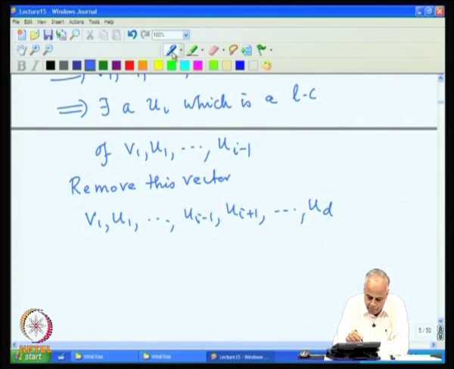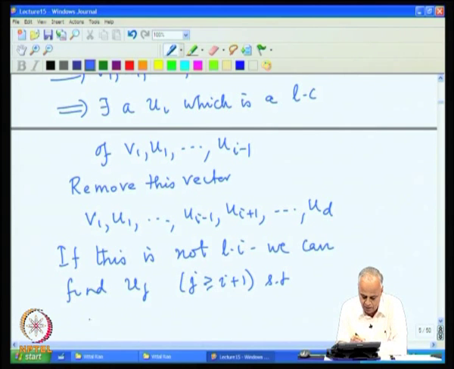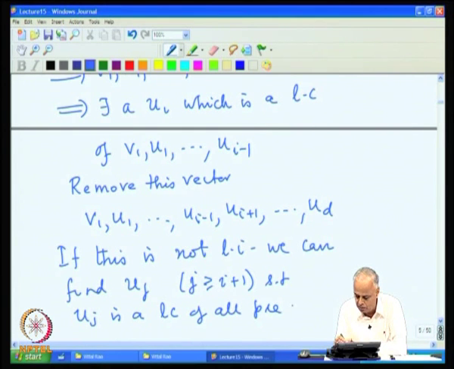So if this is not linearly independent, we can find uj, where j is greater than or equal to i plus 1, such that uj is a linear combination of all preceding ones.